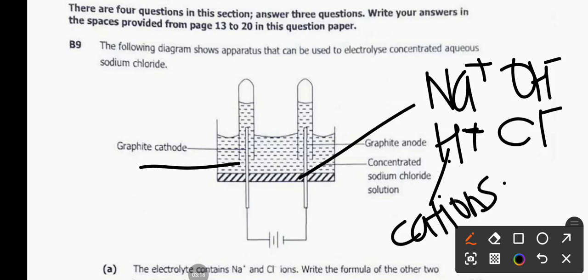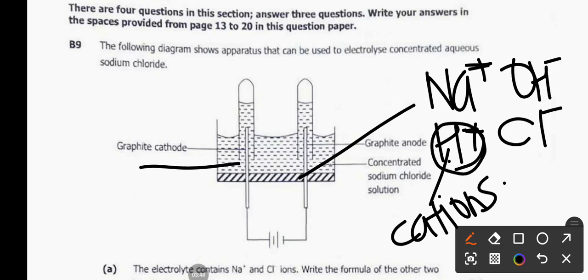To determine the cation that would be discharged, we follow the rule that says the cation that is discharged is the one that is least reactive. Between sodium and hydrogen, which one is less reactive? It's surely the hydrogen. So we expect hydrogen to be discharged.